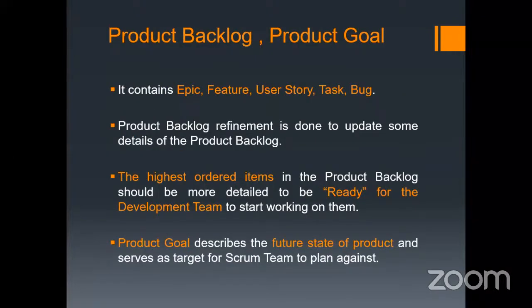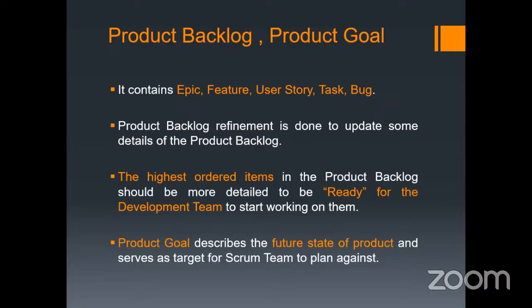Then, on the next slide, we can see that the product backlog has epics, features, user stories, tasks, and bugs. Then product backlog refinement is done to update some details in the product backlog. Whatever the highest-order items are will be kept at the top of the product backlog list, and all the ready items can be considered by the development team.